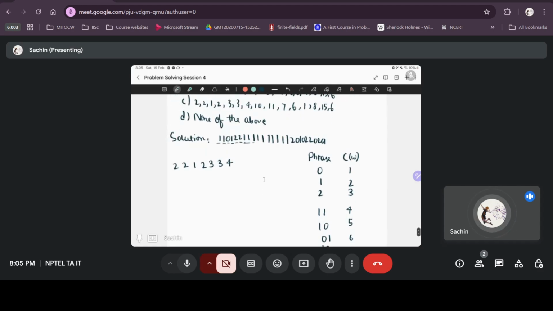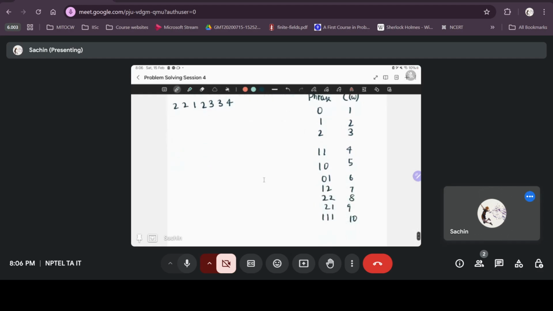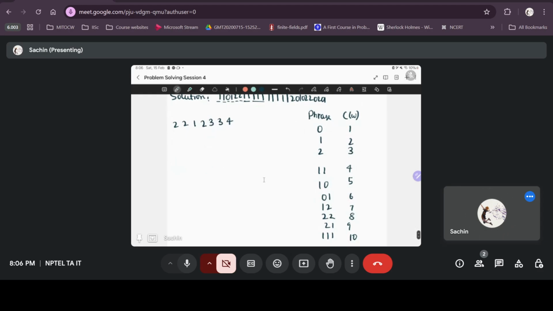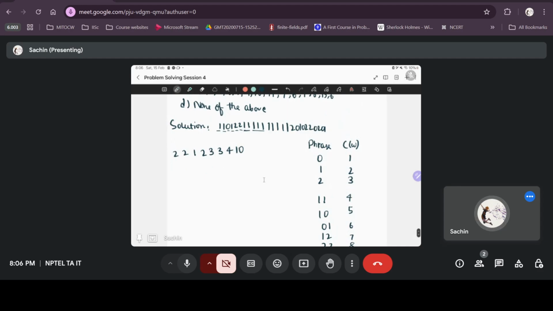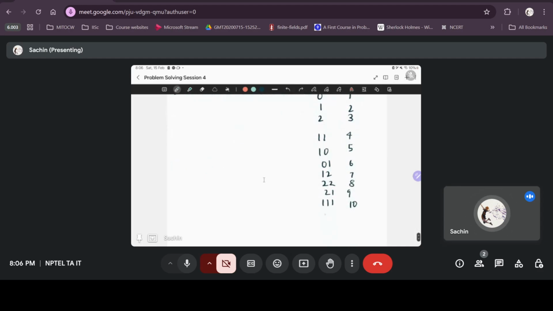Next, starting from here, you can encode the next 3 bits 1 1 1 as the code word 10, but the 4 bits 1 1 1 1 are not a phrase, so you have to include 1 1 1 1 as the 11th phrase.